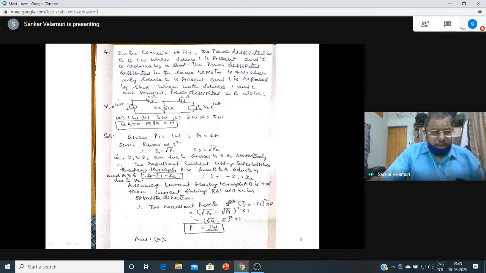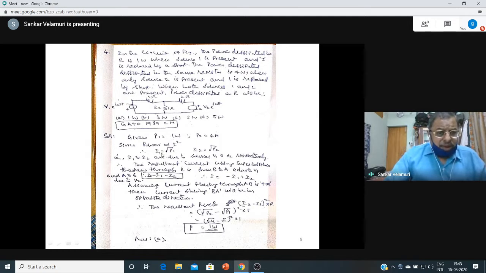You have to see the pattern and understand which data is relevant and what needs to be calculated. A lot of attention is required in solving these problems. So we consider the algebraic sum of the currents flowing due to each source acting independently. When we consider V1, the power is obtained as 1 watt, which is proportional to the square of the current.